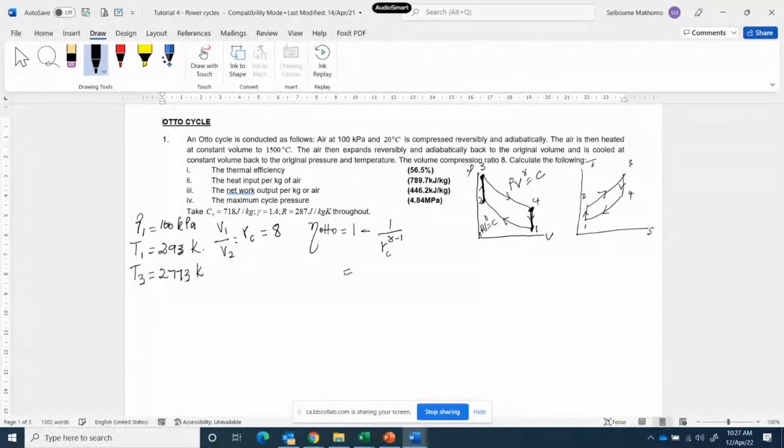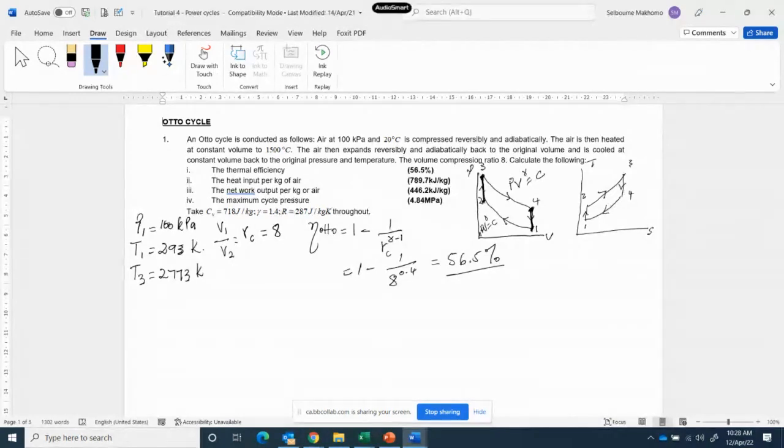So we have everything. The compression ratio is 8, gamma is 1.4, and therefore when we substitute, we say 1 minus 1 divided by 8 to the power 0.4, and the answer is 56.5%. This one is easy and straightforward. That is the first one.